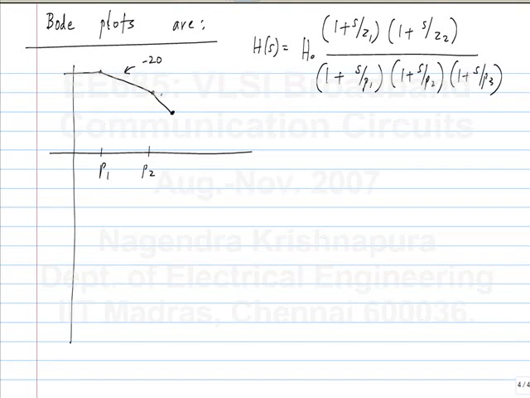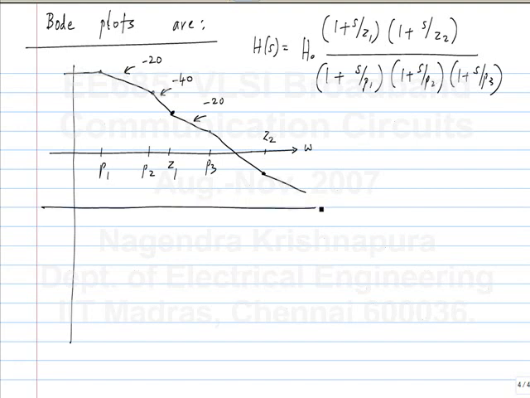Here it is minus 20, here it is minus 40, and let's say you hit a 0, you go back to minus 20, that is the 0 increases the slope by plus 20 dB per decade, and perhaps you have P3 here and Z2 there. Okay. This is the magnitude response, and the phase response.